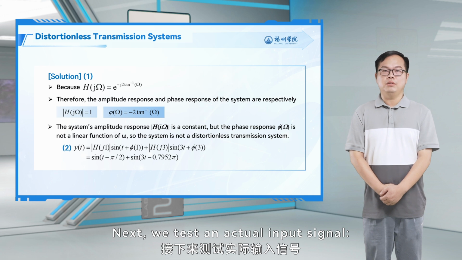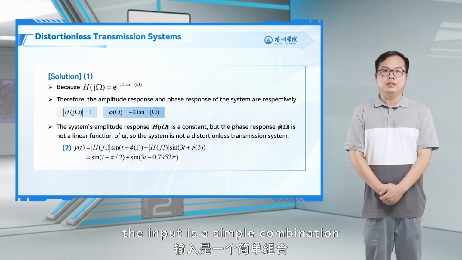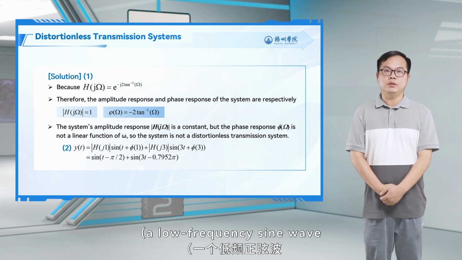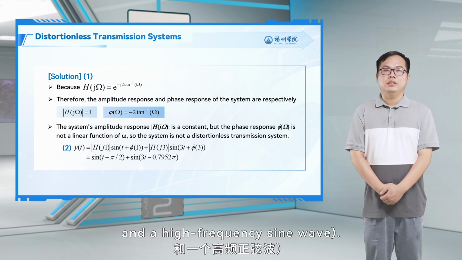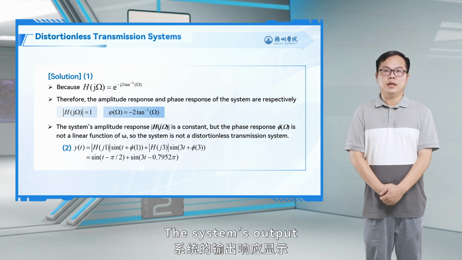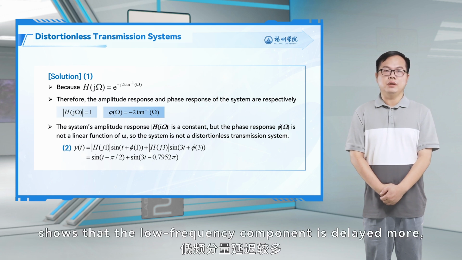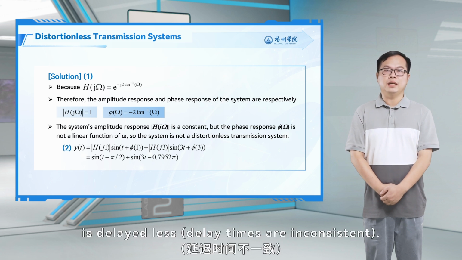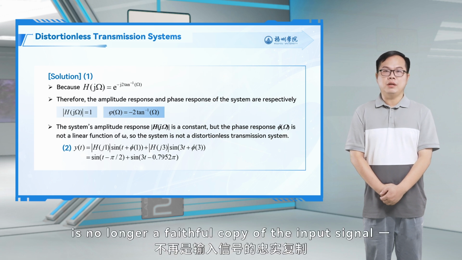Next, we test an actual input signal. The input is a simple combination containing two frequency components, a low-frequency sine wave and a high-frequency sine wave. The system's output shows that the low-frequency component is delayed more, while the high-frequency component is delayed less. Delay times are inconsistent. The output is no longer a faithful copy of the input signal.